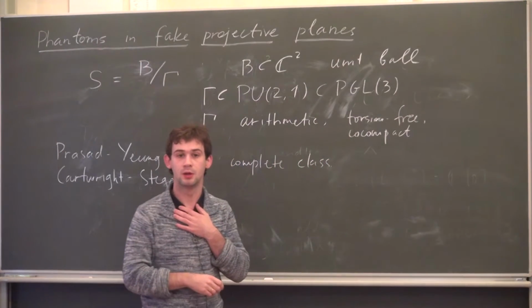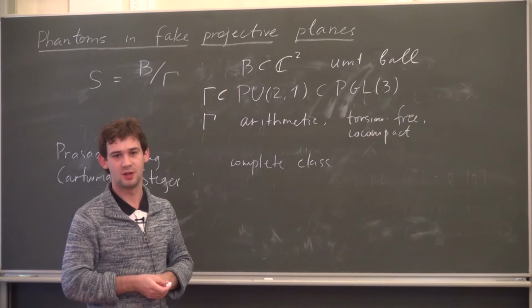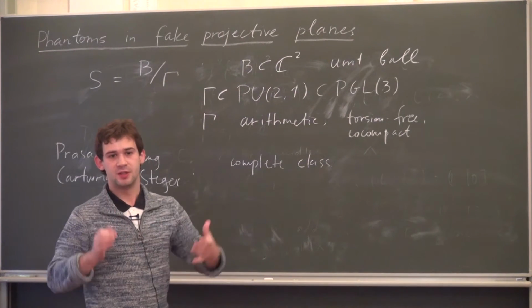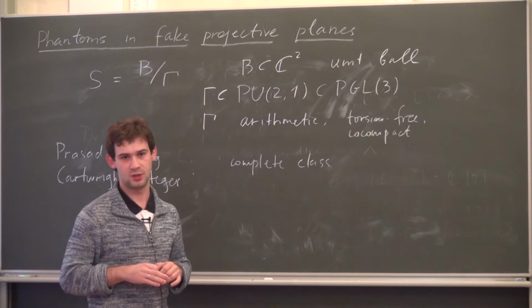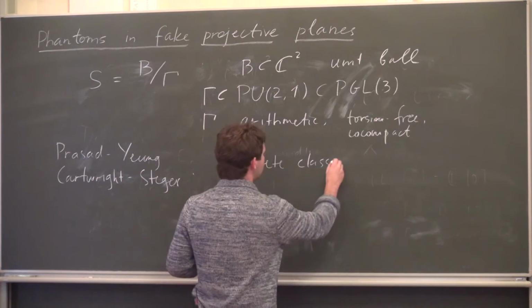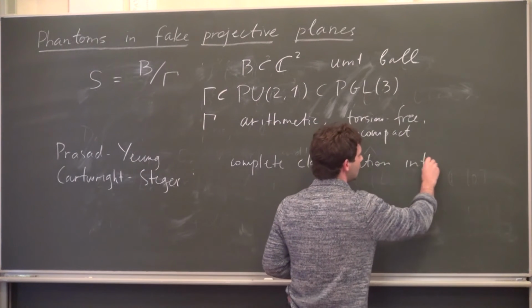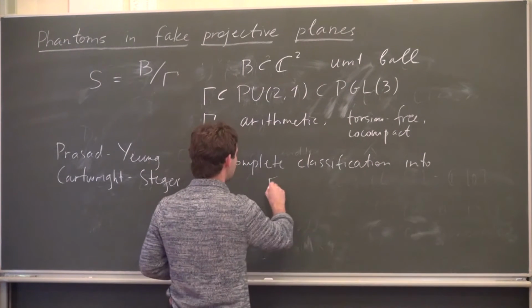Sorry? B is a complex manifold as well as a real manifold, but it's open in C2. It's not a sphere, it's a ball. An open subset.